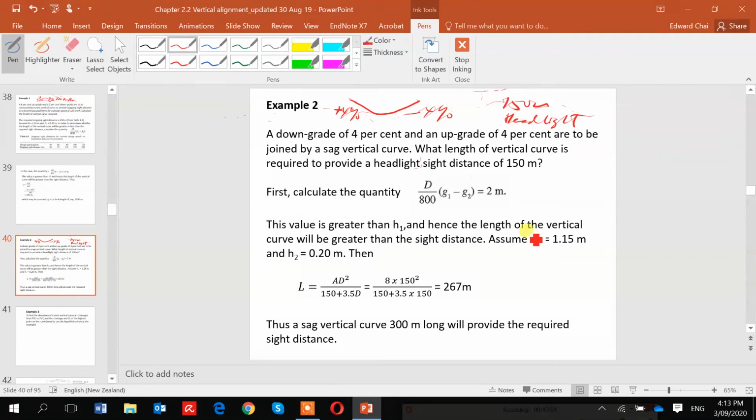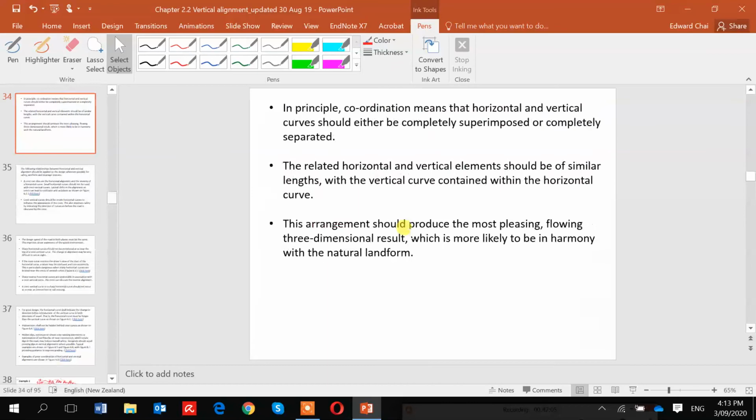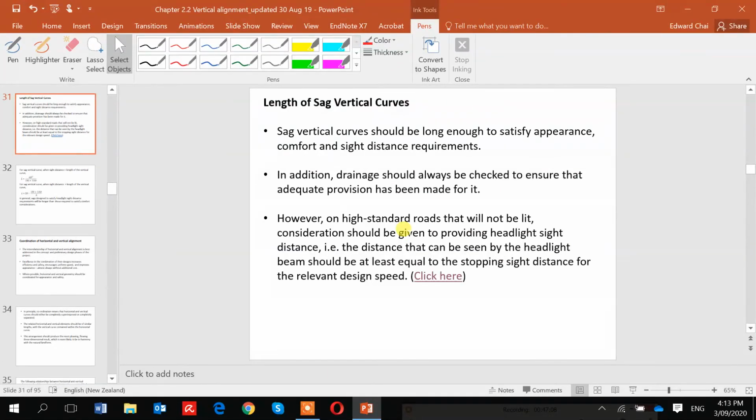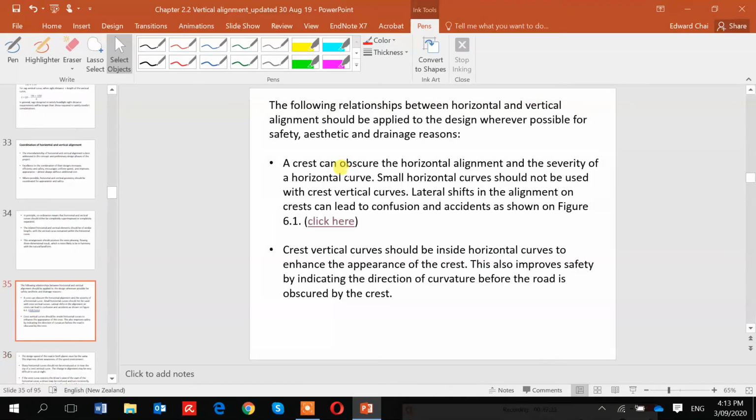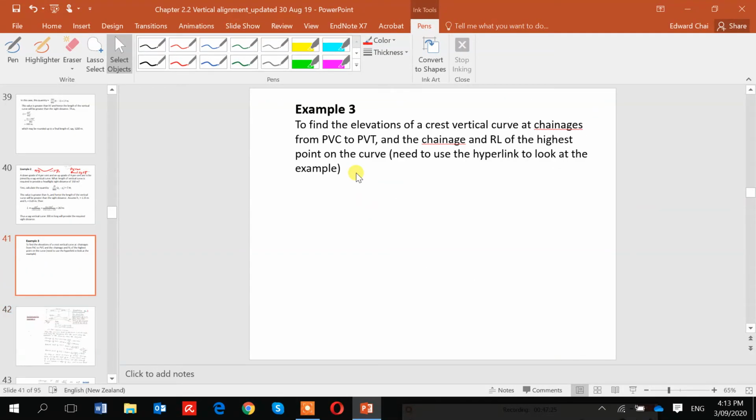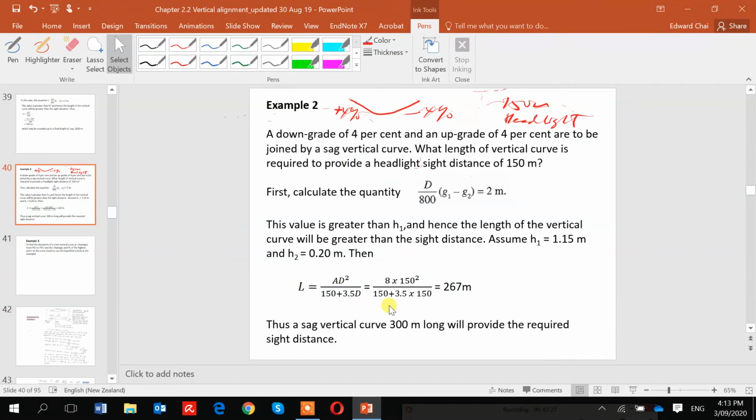When that expression is greater than H1, that means the sight distance is less than the length of the vertical curve. So we adopt the first term. We put in 267 meter. So for the sag curve, we can use 300 meter to be provided for the required sight distance.